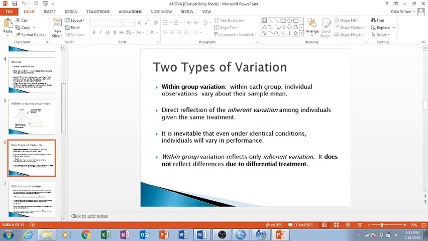So what if we're looking at self-efficacy? Maybe self-efficacy of teachers. And in treatment group 1, they've had a certain type of mentoring. Treatment group 2, they've had a different type of mentoring. And then you have a comparison group that's had no mentoring. Okay.